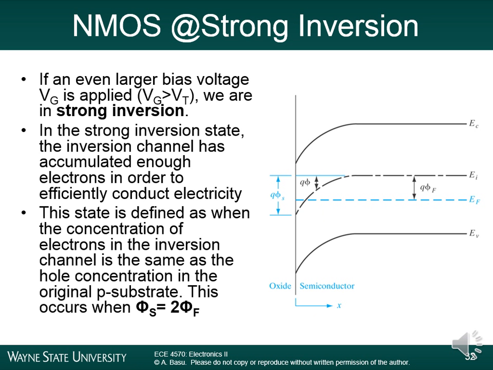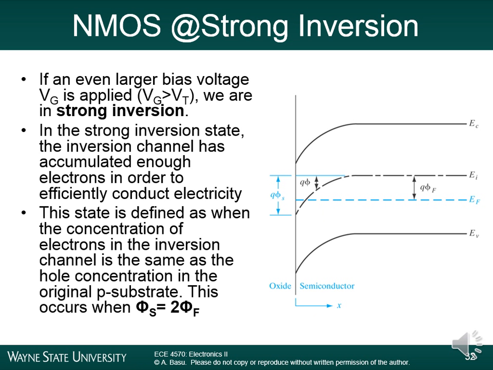So what's the hole concentration? It's the same as the doping levels. Does this sound familiar to everyone? If you're doping at 10 to the 16th, then the hole concentration is 10 to the 16th, right? That wasn't a trick question. I think some of you thought it was a trick question.